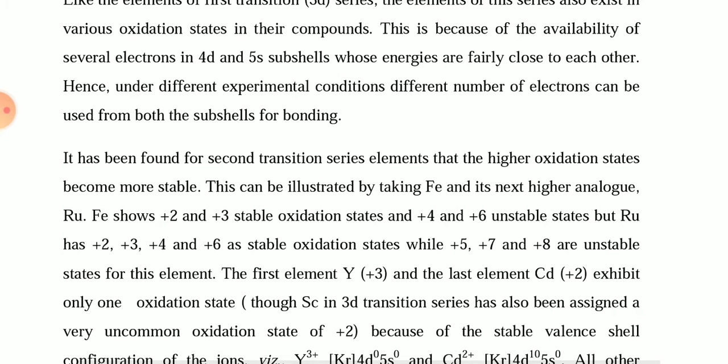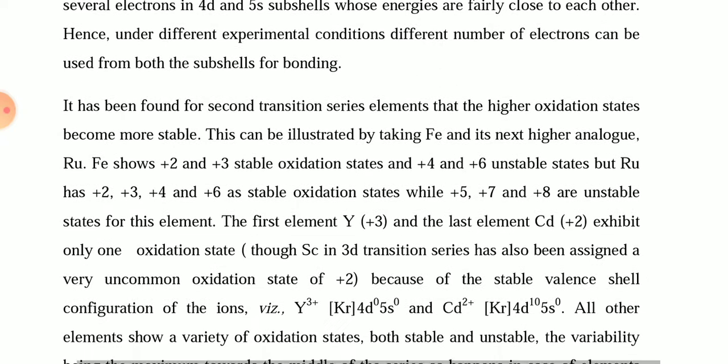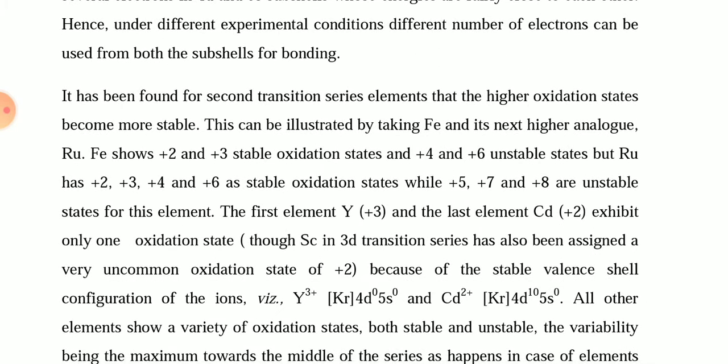The second transition series elements show higher oxidation states, and they are more stable. This can be understood by taking iron and its next higher analogue, ruthenium.